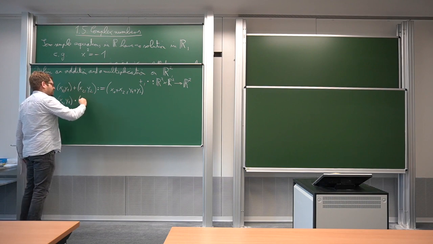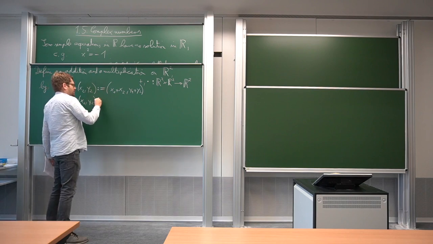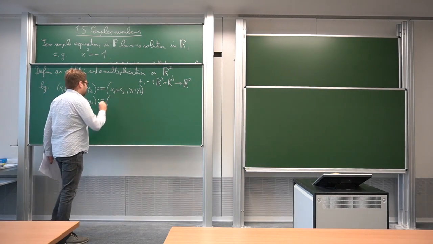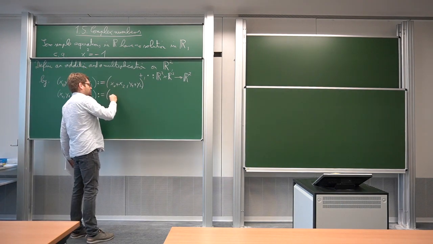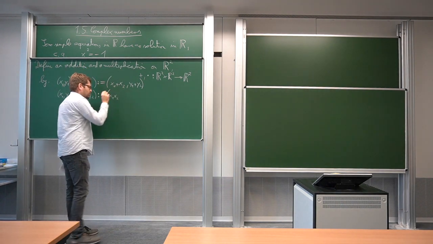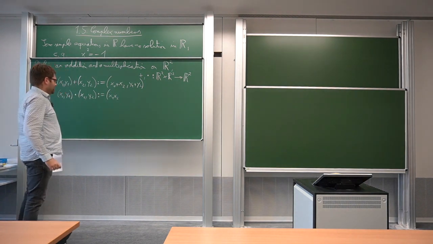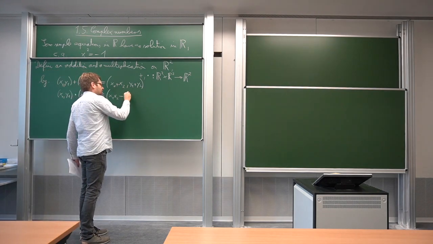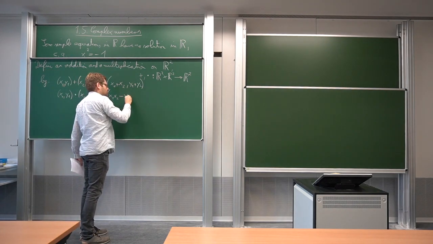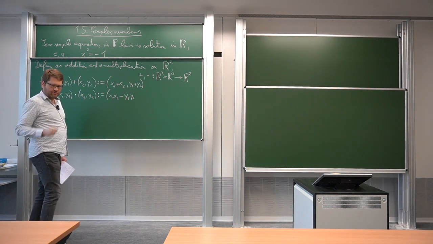We multiply x1, y1 with x2, y2 by having in the first component the product of the first entries, x1 x2. This is, of course, multiplication in the real numbers. Here, of course, addition in the real numbers. But here, we multiply the first two elements and subtract the product of the second elements, so minus y1 times y2. This is the first entry.